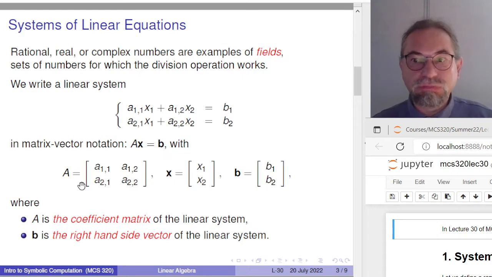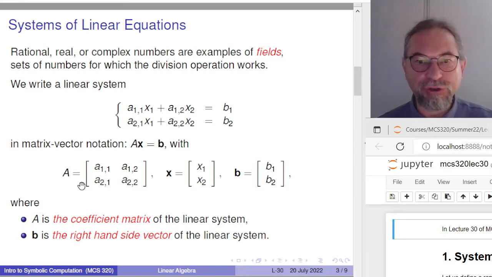Okay, so linear algebra works with matrices and vectors. So the standard format to write a linear system, here an example symbolically, we have two equations, two unknowns. We have coefficients, so the unknowns are x1 and x2.